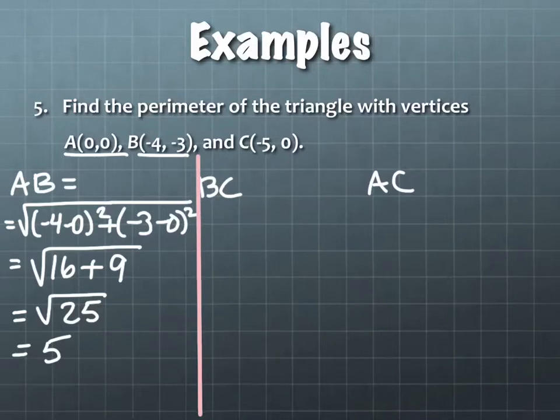All right, so with BC, we're now going to consider side B and side C. Don't have nearly as many zeros as I had on the last one. So I have a square root. Somebody tell me what I'm going to write next.